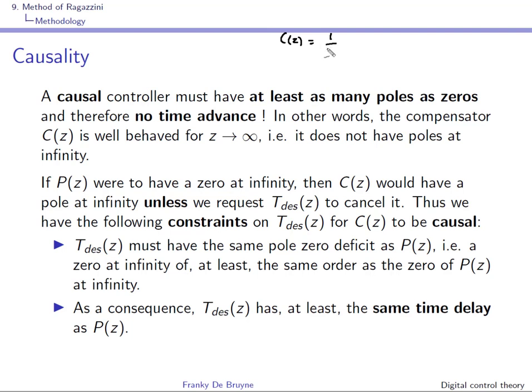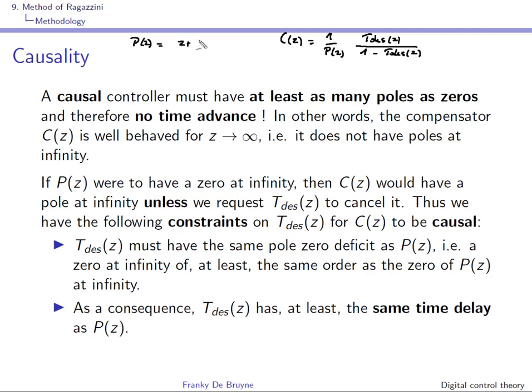So it's 1 over P times the desired transfer function over 1 minus the desired transfer function. We want this one to be causal. So if we have, for instance, a zero at infinity for this process, let us take a process here that has a zero at infinity.